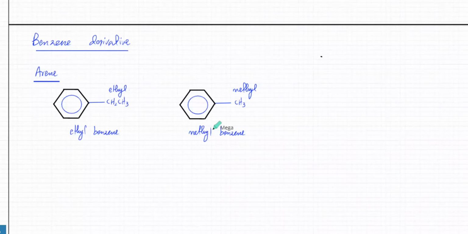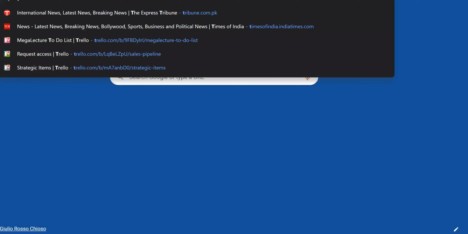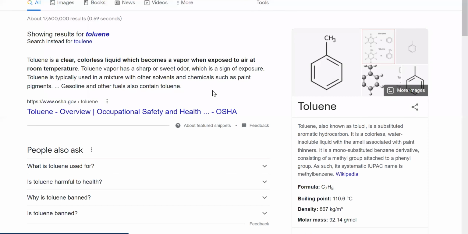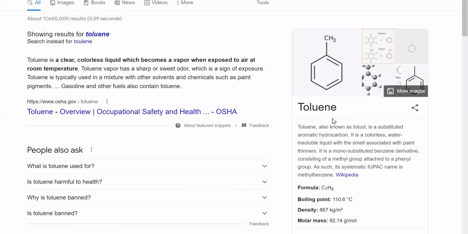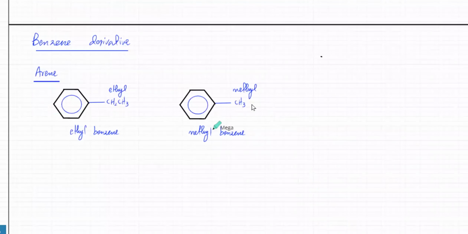Like the one we did for nitrobenzene, if I search toluene, the name of methyl benzene is toluene. So that's what I'm trying to say, every compound is named differently. There's no systematic nomenclature, so we're going to stick to the simple ones. We'll just call it methyl benzene. The simple ones, you can name them.